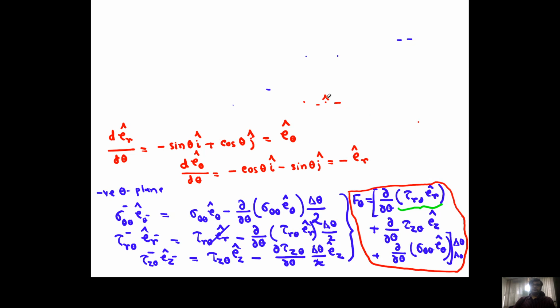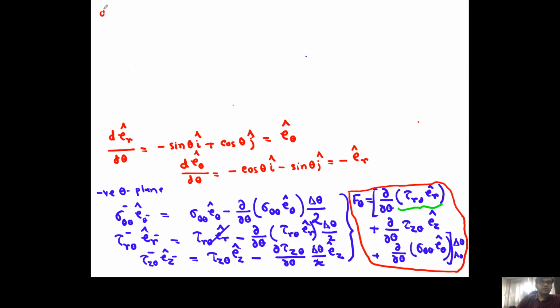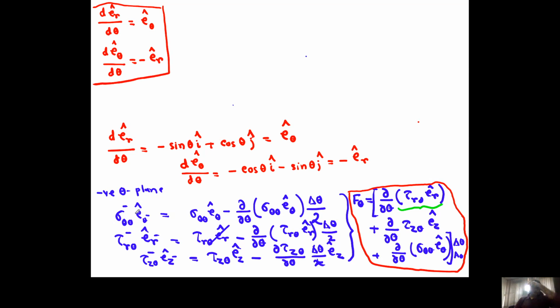Right. And then let me write it down somewhere, very small here. And this you should remember, this is a very important result: the derivative of ER with respect to theta is equal to E theta, and the derivative of E theta with respect to theta is equal to minus ER. So this portion I'm not going to delete. This portion we are going to use.